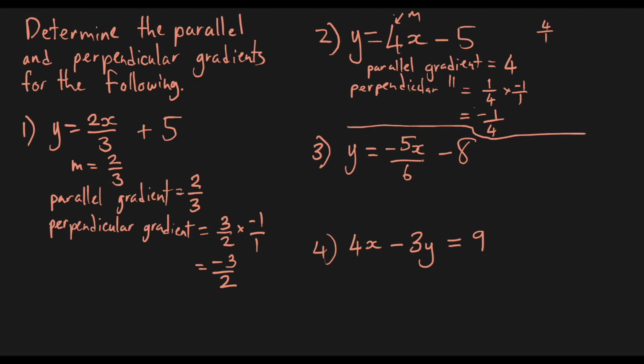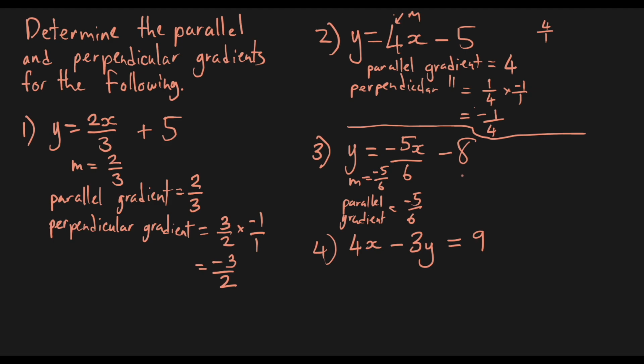Alright, so in this case now we have the gradient here being -5/6. That means our parallel gradient will be the same, which is equal to -5/6.